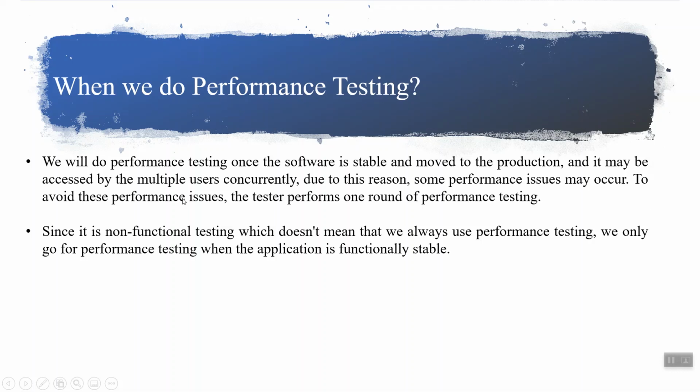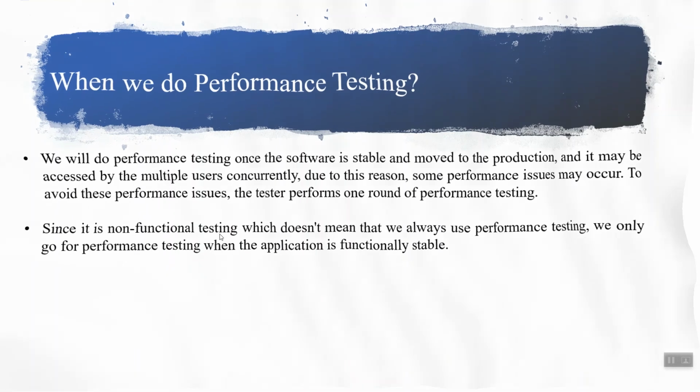It may be accessed by multiple users concurrently. Due to this reason, some performance issues may occur and we use performance testing to find out those issues. Since it is non-functional testing, it doesn't mean that we always use it; we only go for performance testing when the application is functionally stable.